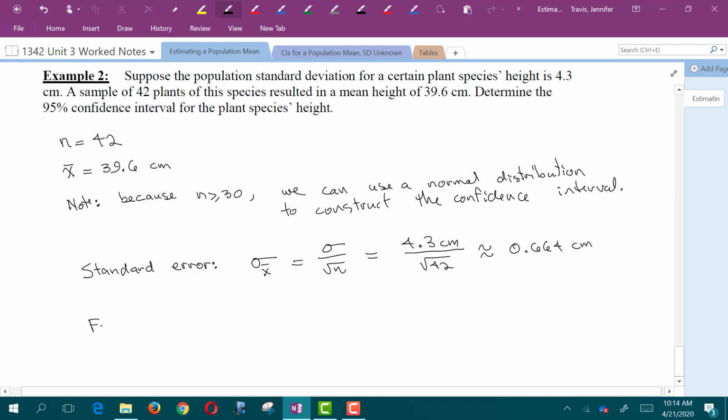So then what we want to do is find the critical value of z. Okay, my 95% confidence level.